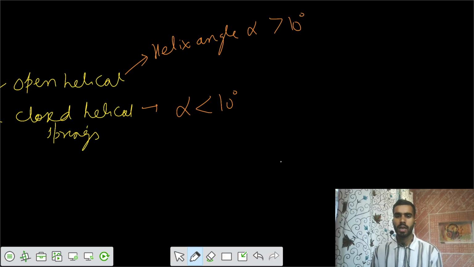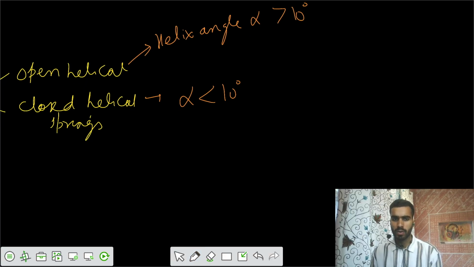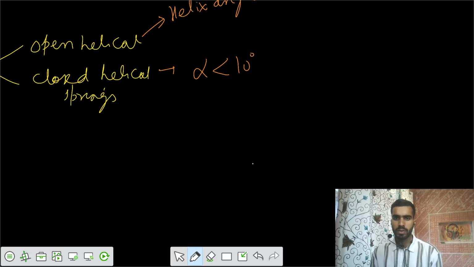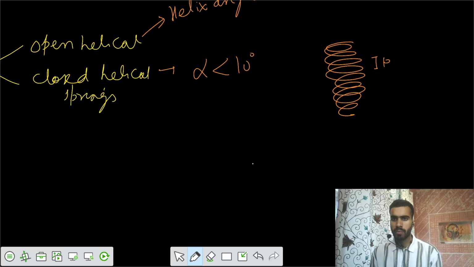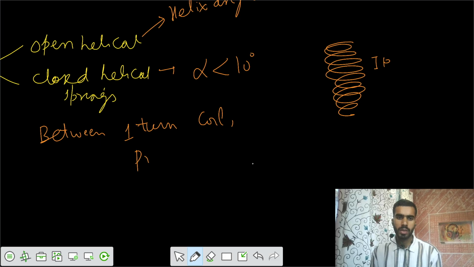So if we make that for the closed helical spring, you have some spring in this fashion. There's some pitch between one turn. For one turn of that coil, there's a pitch term.